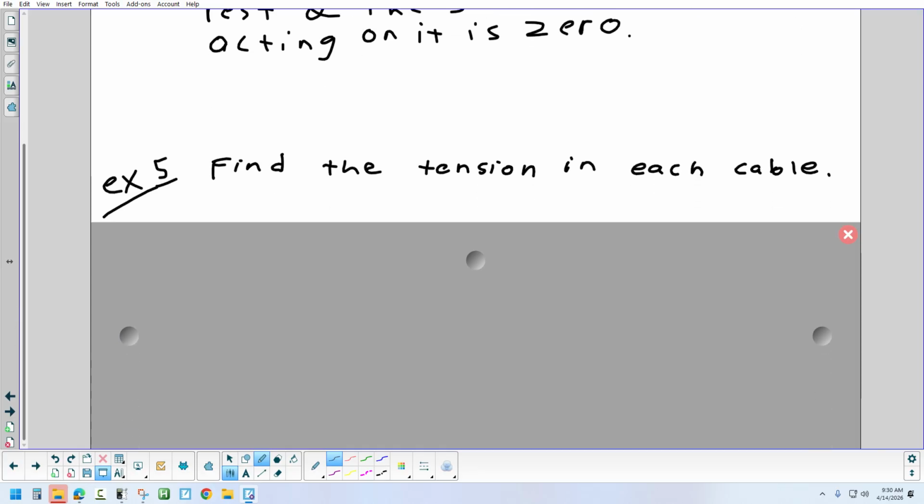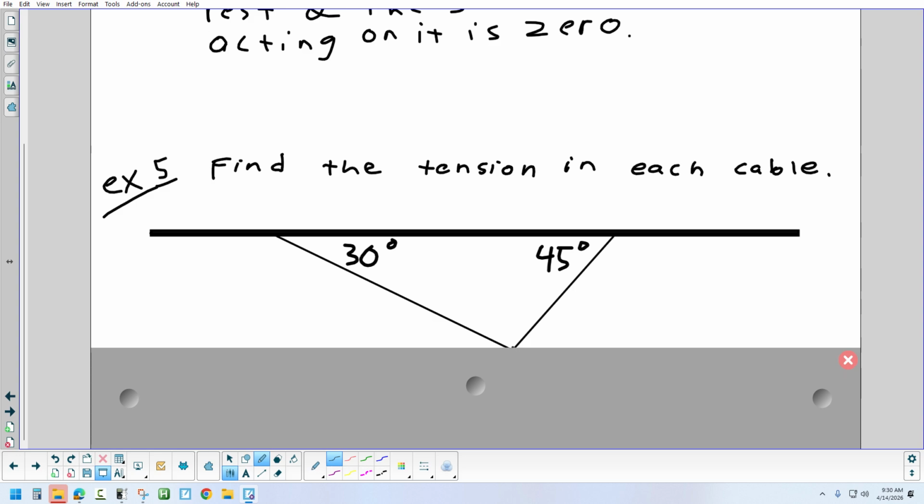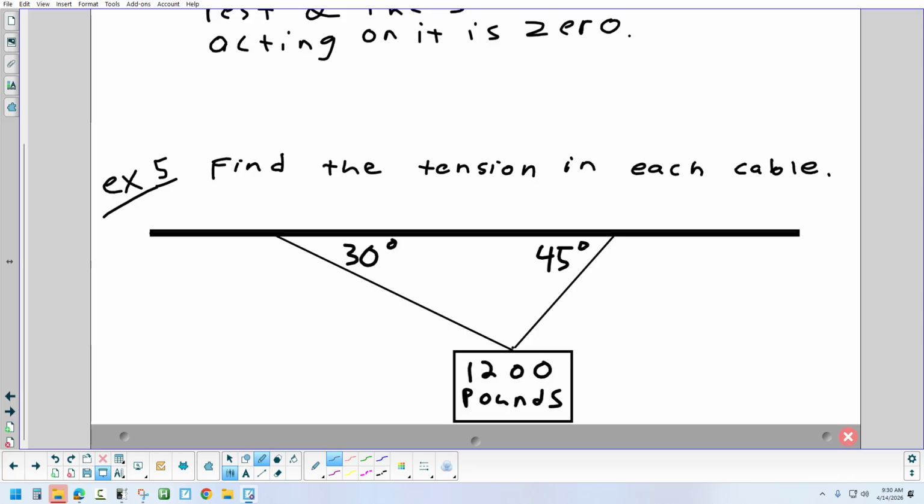Now, in our problem, the cables are not going to be at the same angle, so the tension in each cable is not going to be equal. Right? Now, does the tension in the cables have to equal the weight of the object that it's supporting? What do you think?